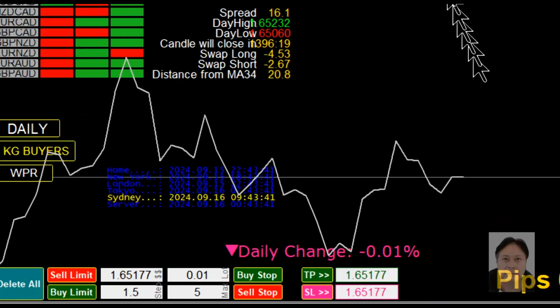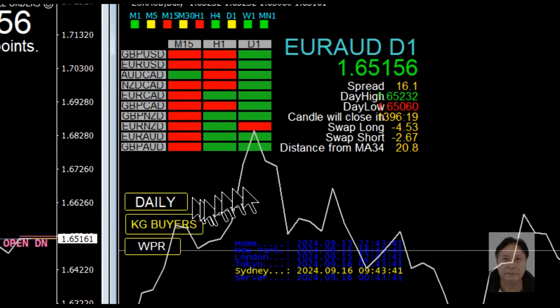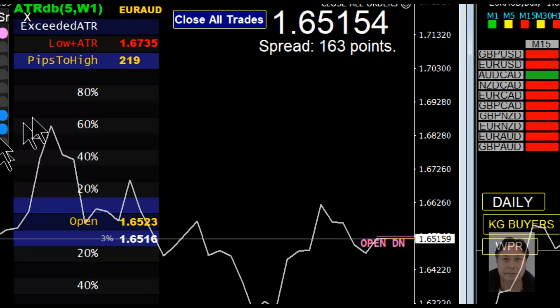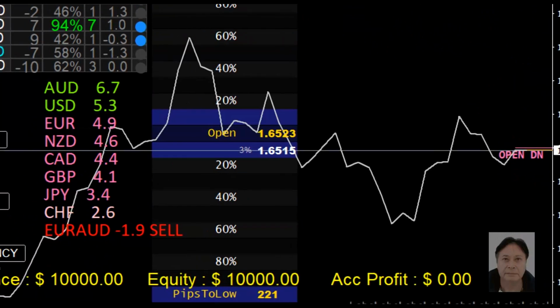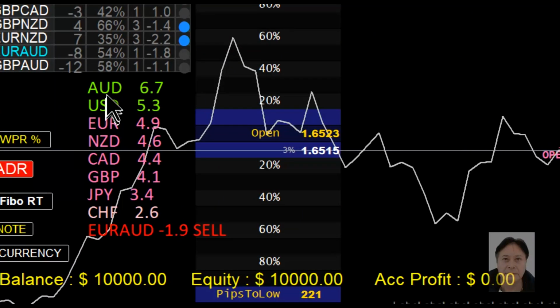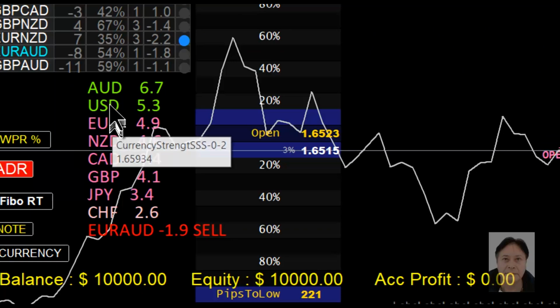Right, let's have a quick look again. Right, it's still not the Australian dollar and the euro. As you can see, the euro is catching up.